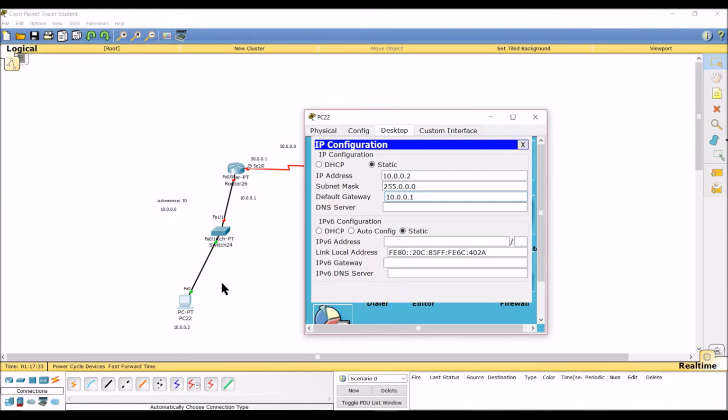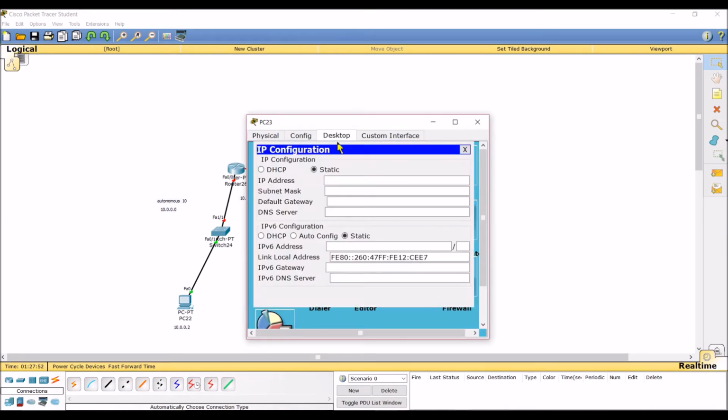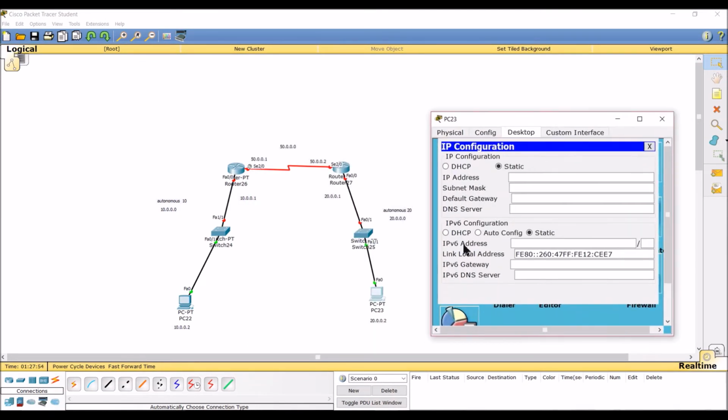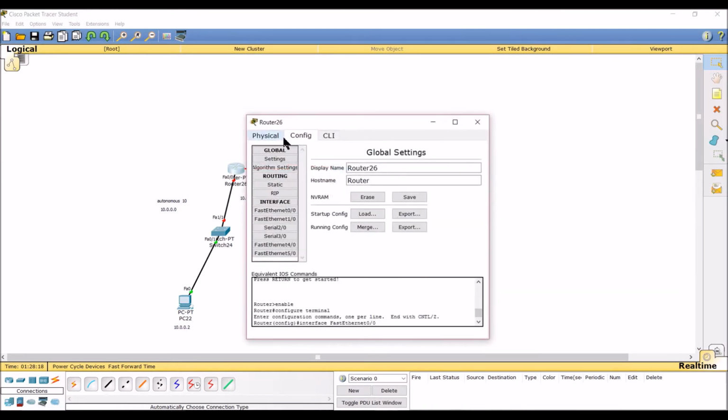Okay, now let's consider this system and configure its IP. The IP address is 20.0.0.2, subnet mask is 255.0.0.0, default gateway is 20.0.0.1, because the IP address of this router's FastEthernet is 20.0.0.1, which will be the default gateway for this PC.